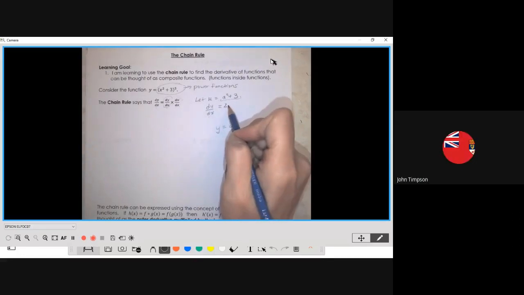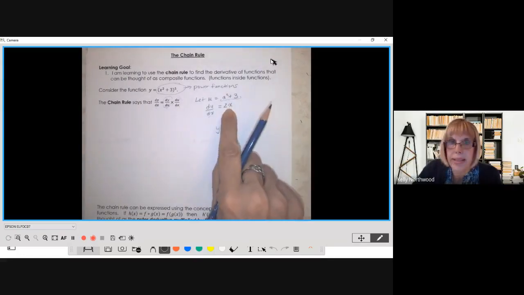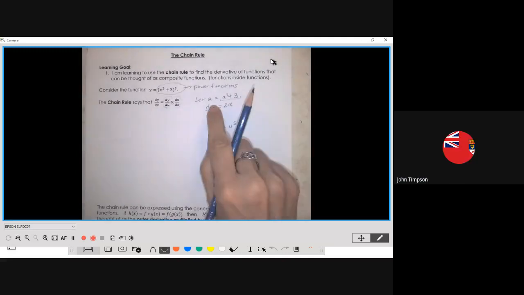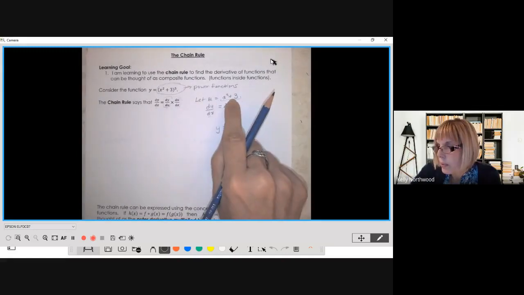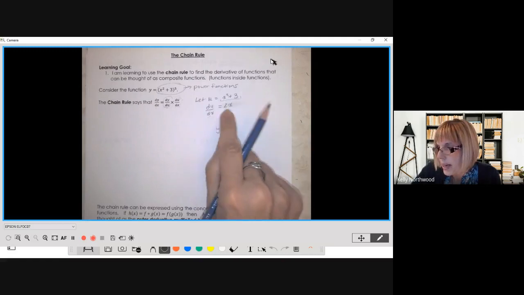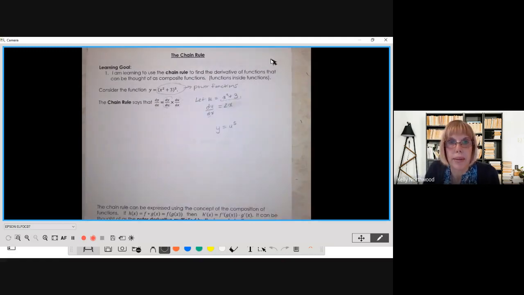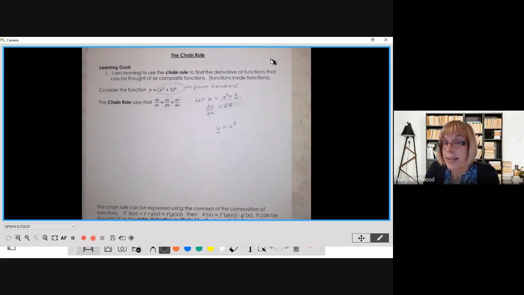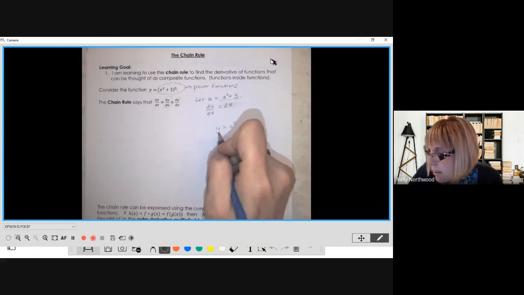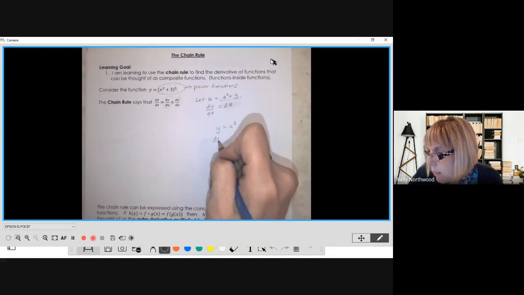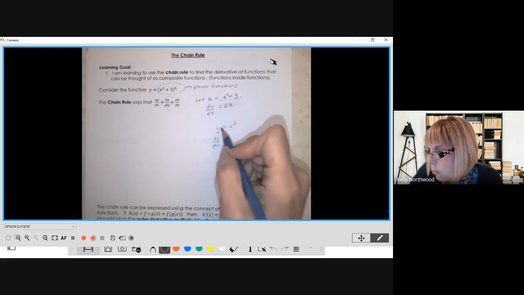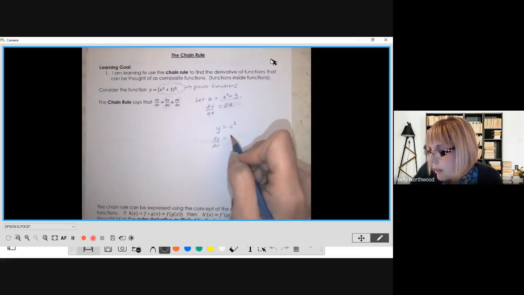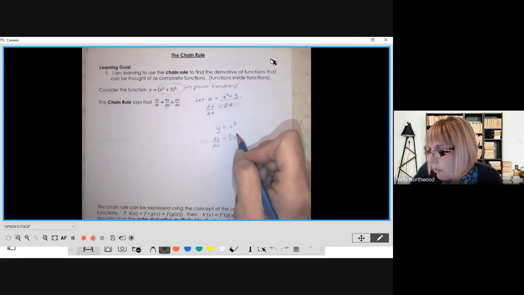Can we agree 2x? The derivative of this with respect to x is 2x. Is that good for everybody? Okay, down here then, what about if I find dy by du, the derivative of y with respect to u? Can we agree that that would be 5u to the 4th?